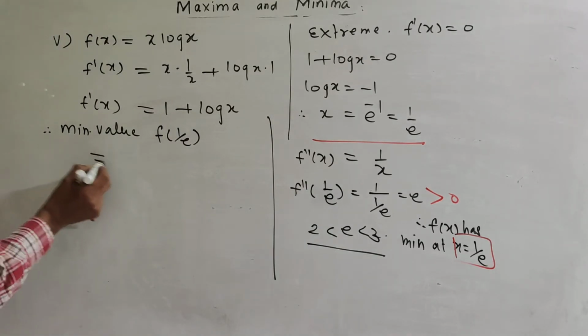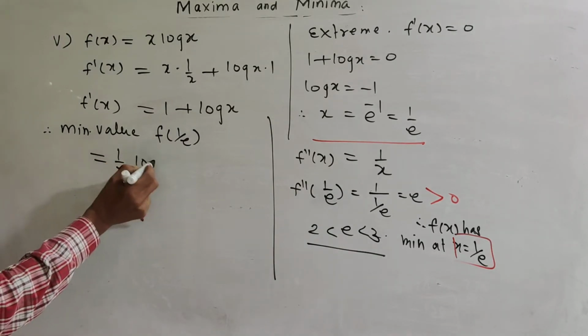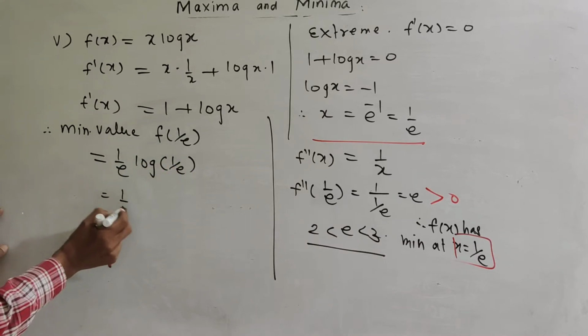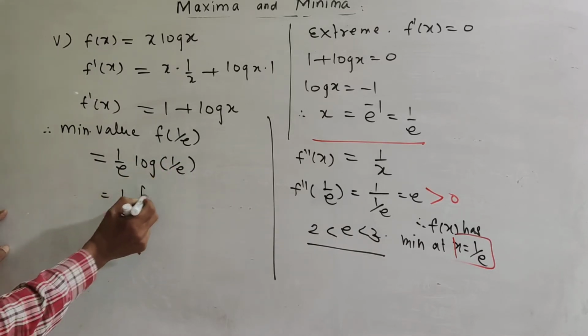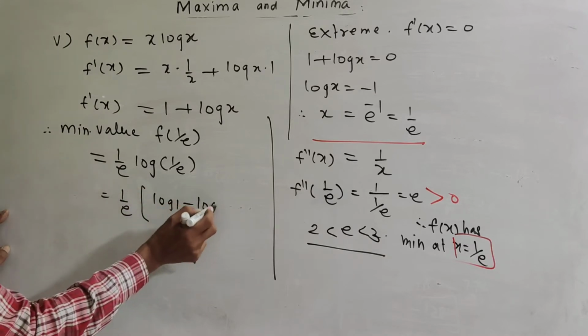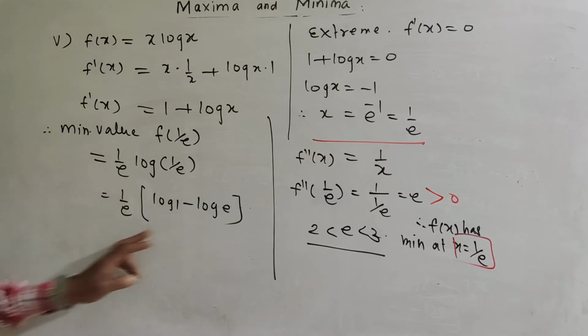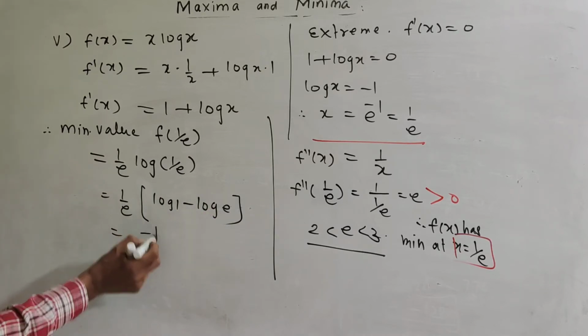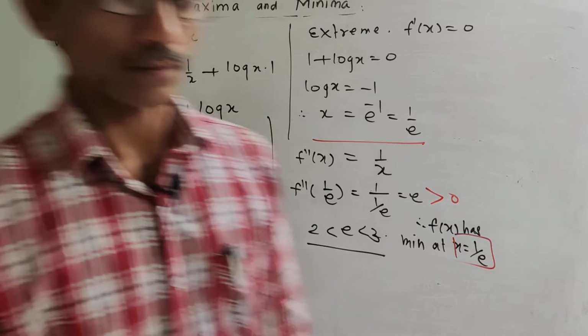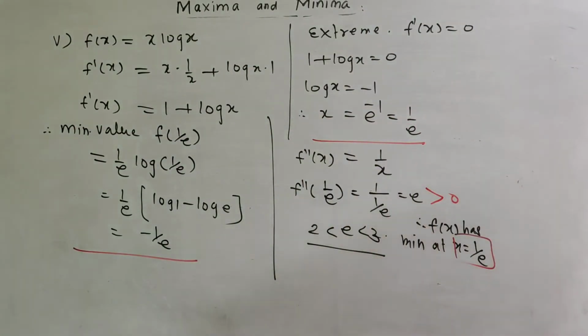So that is 1 by e into log of 1 by e, which is 1 upon e times the log of 1 by e, which is minus 1. See, it is log 1 minus log e. Log e is 1 and log 1 is 0. So it is minus 1 upon e, the minimum value of the function.